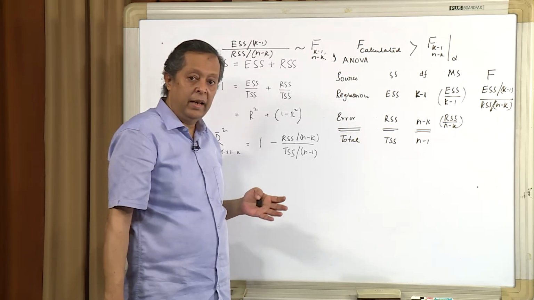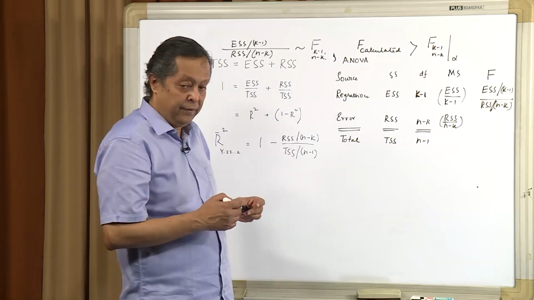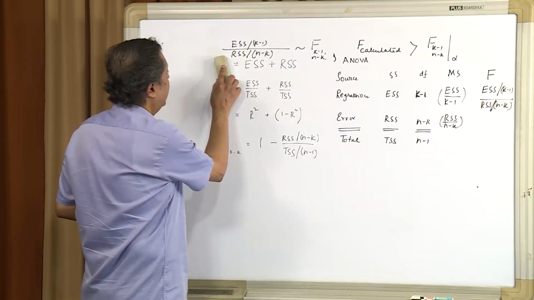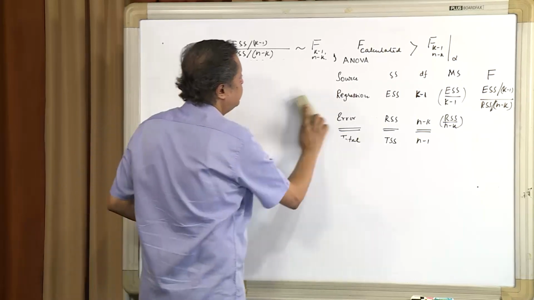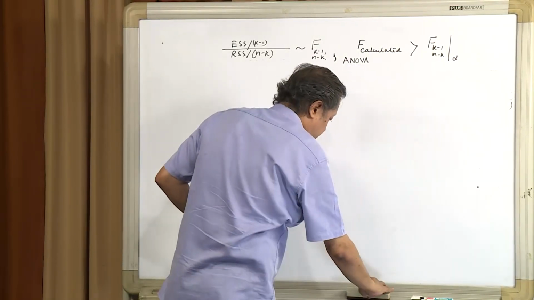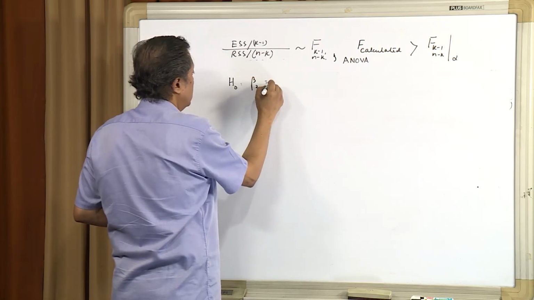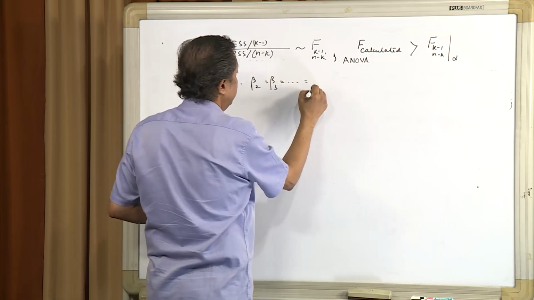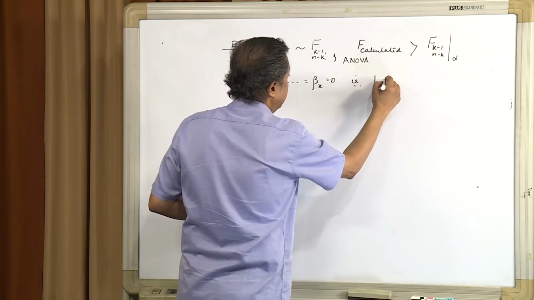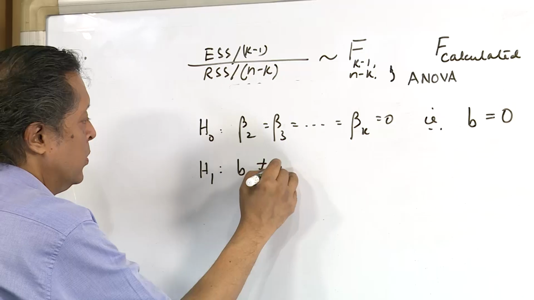So, viewers, we have already started the topic of testing of hypothesis. The first test that we take up is test of overall goodness of fit, and that is formalized as the null hypothesis H naught, that is beta 2 equal to beta 3 equal to dot dot equal to beta k equal to 0, that is B is equal to 0, against H1, B is not equal to 0.